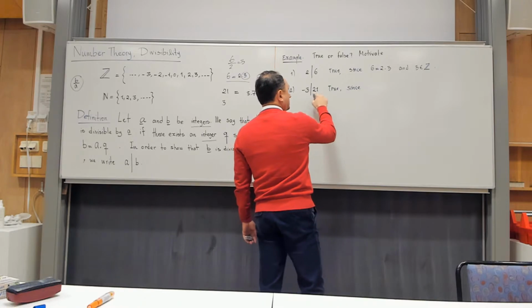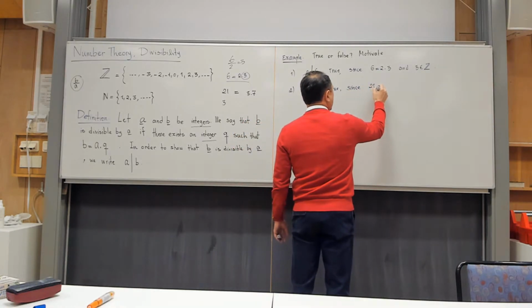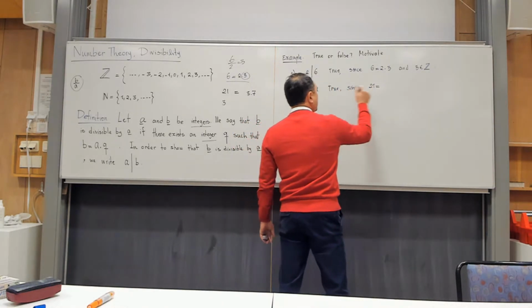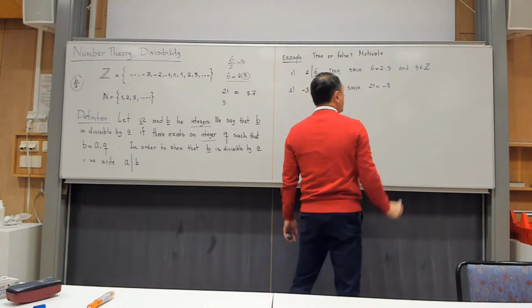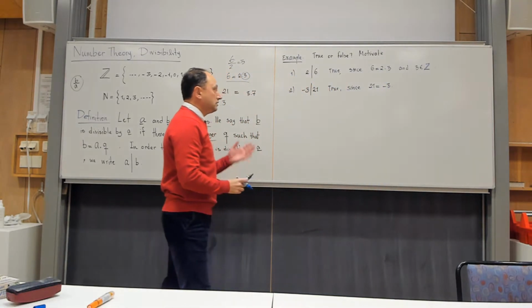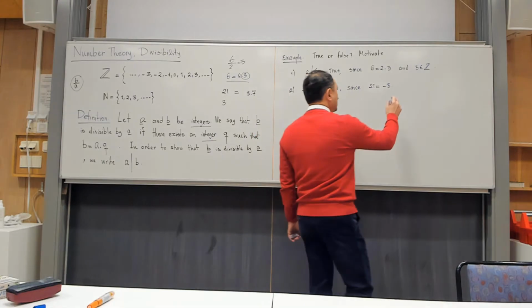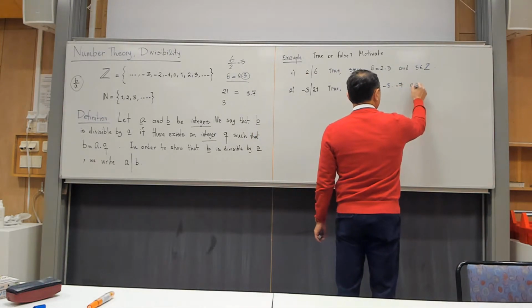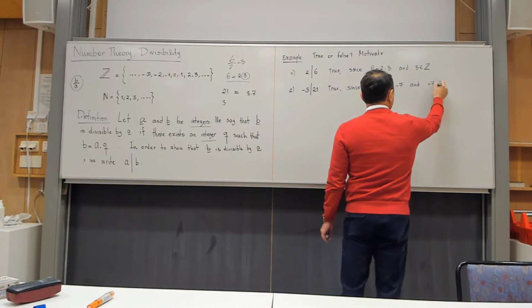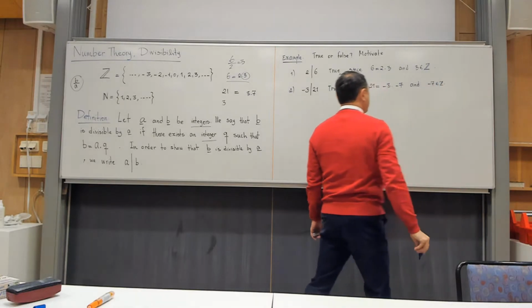The number on the right-hand side is equal to the number on the left-hand side multiplied by an integer. What that integer is, in this case, minus 7. Yes, it is minus 7. And minus 7 belongs to Z.